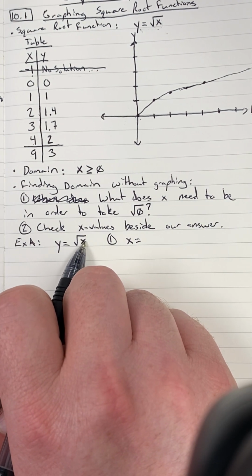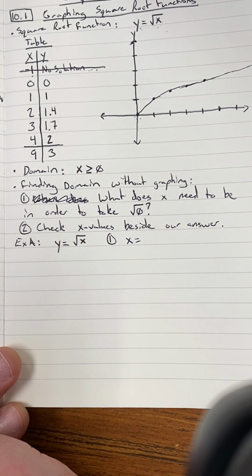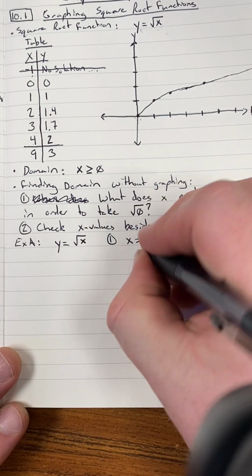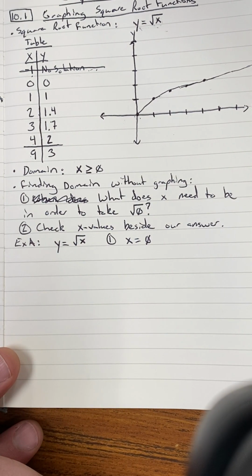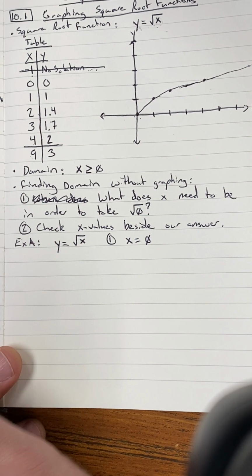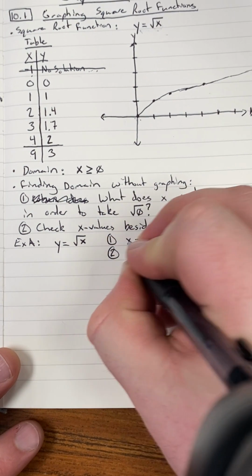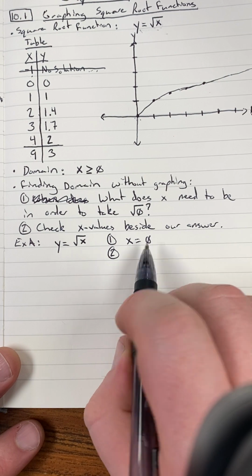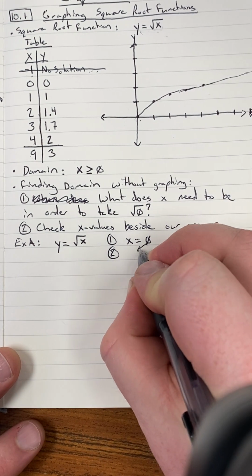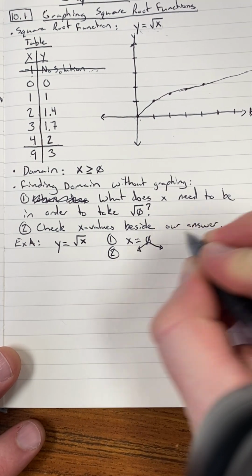Well, this one's pretty easy, because x would just have to be 0, right? So x is 0. That's when we get the square root of 0. And then from there, I just need to check both sides. So first, let's take 0, and let's check the left side first. And then we'll check the right side.